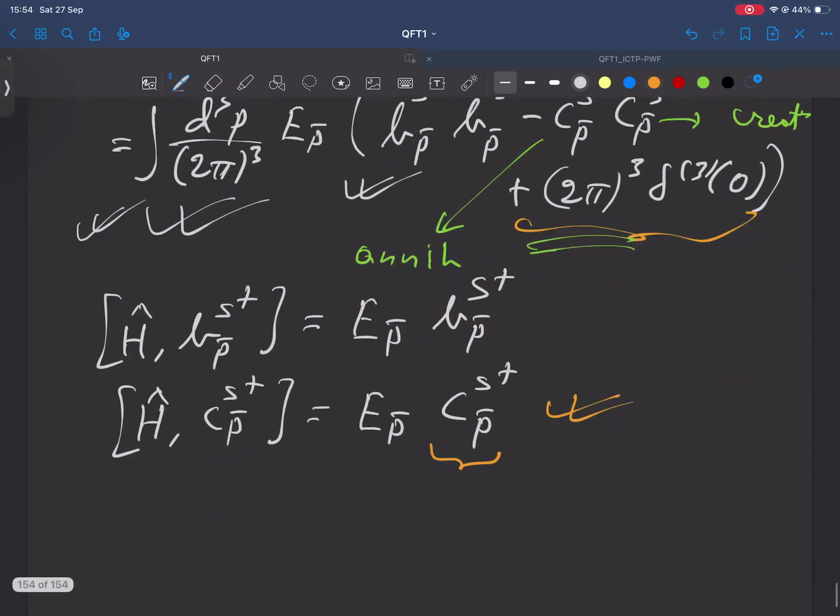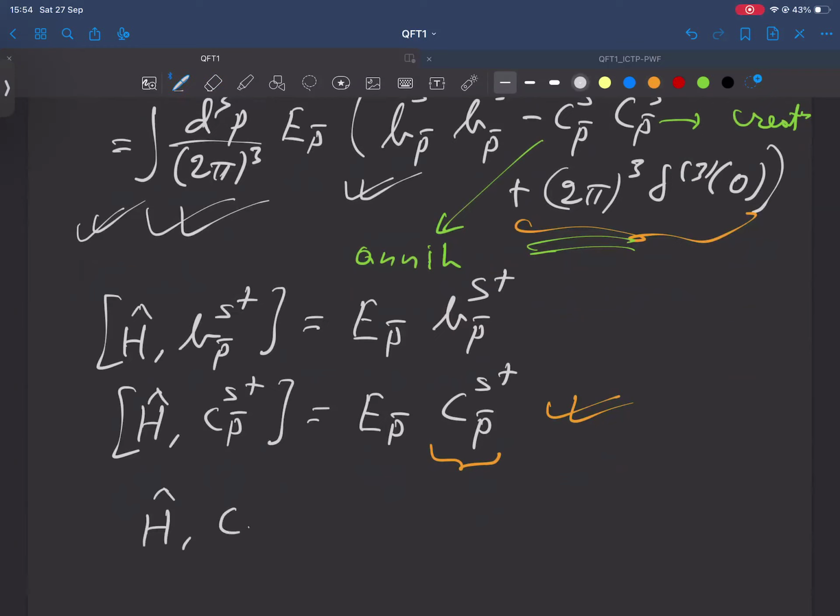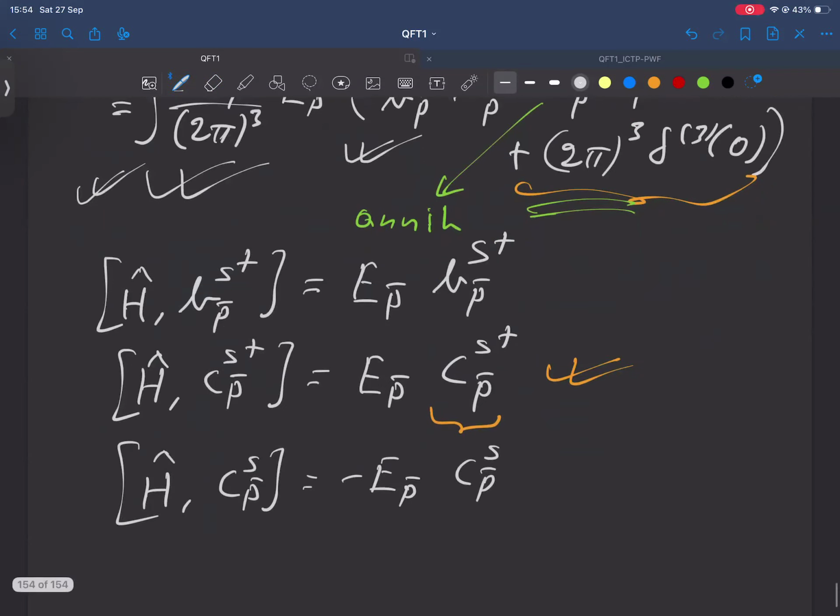Now if you do H with C_ps only, as you will expect, this will give you a decrease in energy, as it should. But now recall that we had relabeled their job. We had said, no, C_p dagger will annihilate and C_ps will create, because of this pesky minus sign that was appearing.